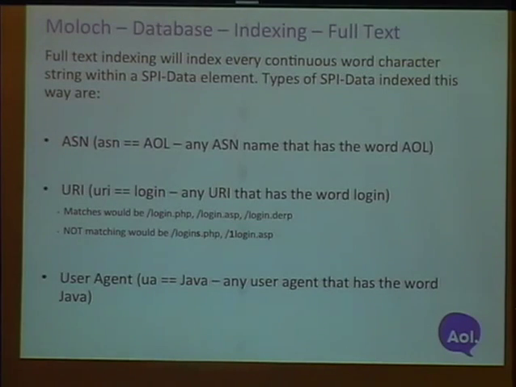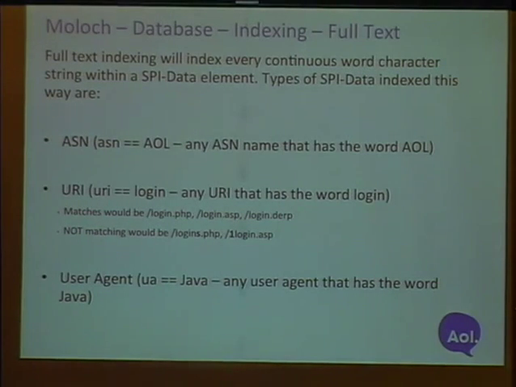And then some of the fields we actually do full text indexing with. That means you break them up into word segments wherever the non-word pieces are. We do that for the ASN, the URI, the user agent, and some of the new email stuff. That way you can match based on part of the string and not the whole string, and don't have to do the asterisk wildcard searching, which can be inefficient.